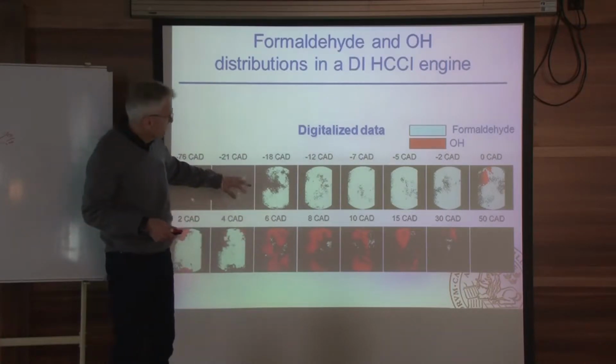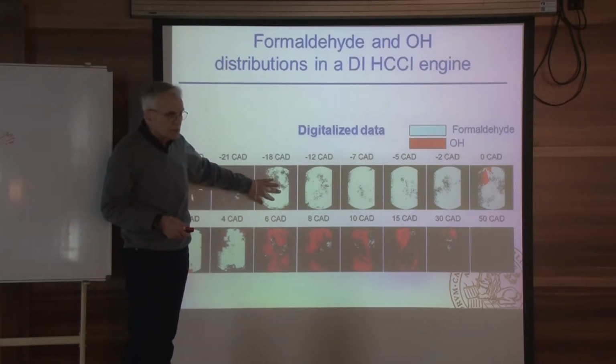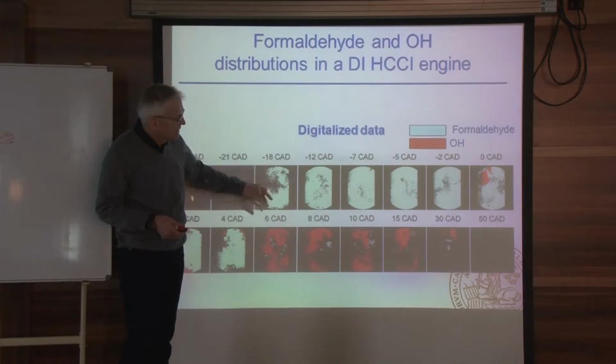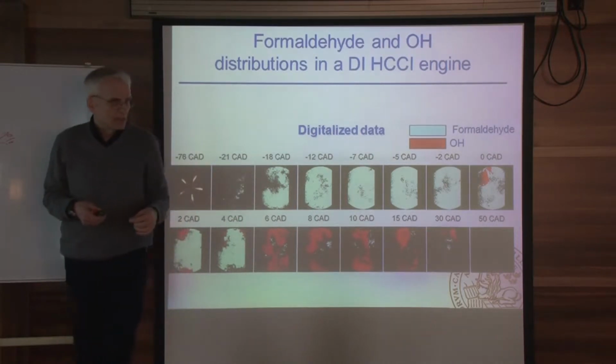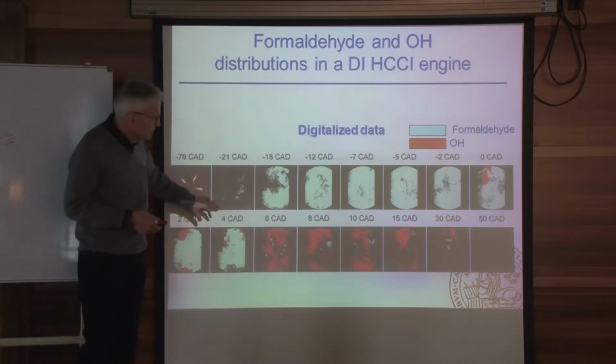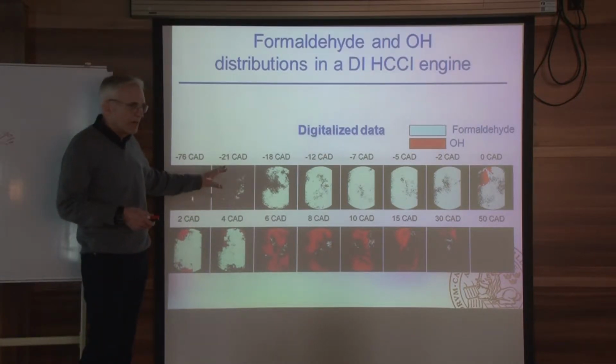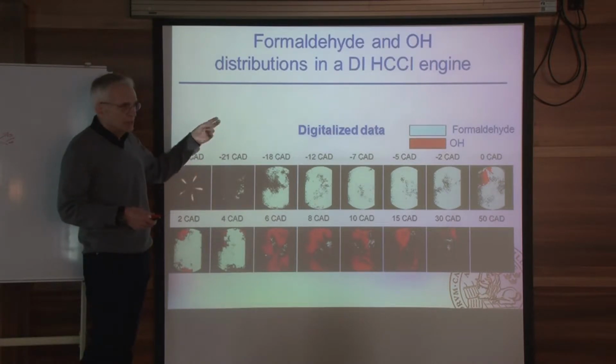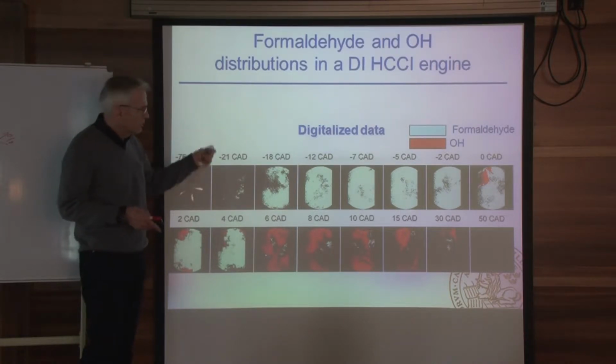So although these are not quantitative, it's a qualitative image, but still it gives the engine people and the engine industry quite a good overview of how this engine works and how to develop this kind of engine in an optimum way.